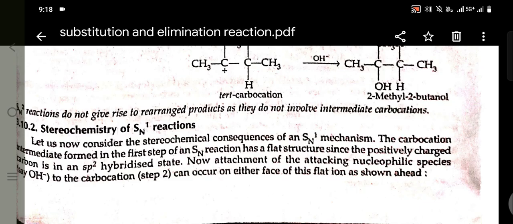Stereochemistry of SN1 reactions. Let us now consider the stereochemical consequences of SN1 mechanism. The carbocation intermediate formed in the first step of an SN1 reaction has a flat structure, since the positively charged carbon is in an sp2 hybridized state. Now, attachment of the attacking nucleophilic species OH negative to the carbocation, step 2, can occur on either face of this flat ion.